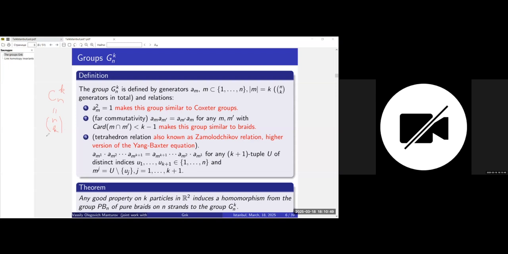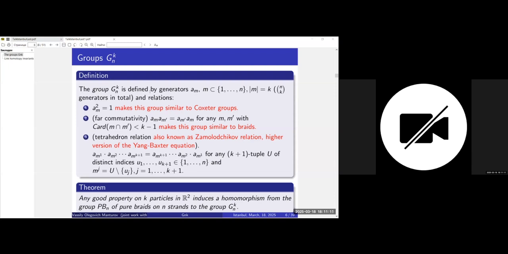In English-speaking countries, it's usually denoted by a different notation, and the notation comes from "choose". So this is a group which has that many generators. Yes, A_{1,3} is the same as A_{3,1}.